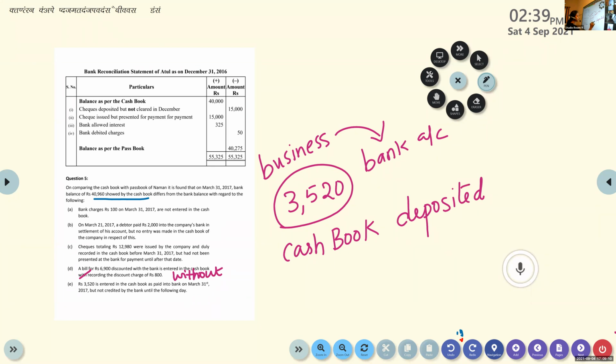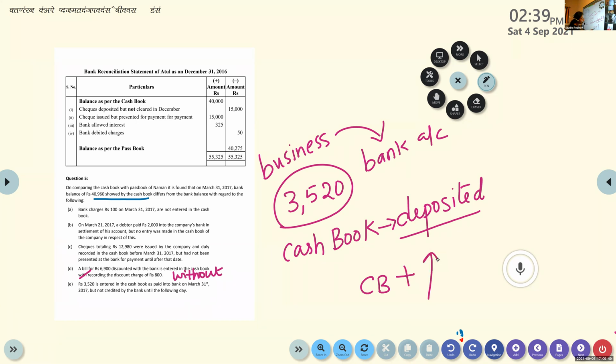Business thought that it is deposited in the bank account. Did you understand? Business thought that amount already got deposited. So the cash book shows a greater amount.